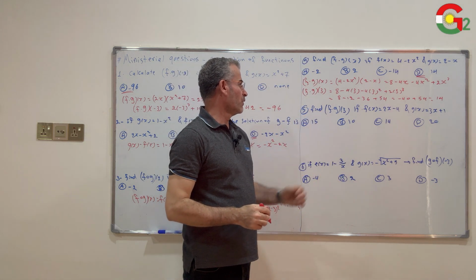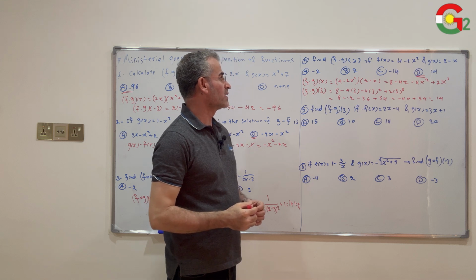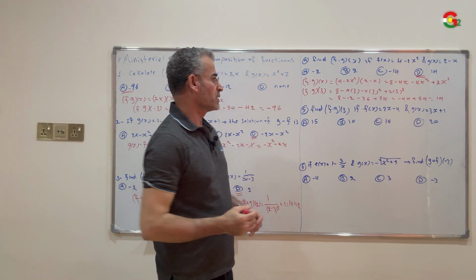Find f dot g of 3 if f of x is 2x minus 4 and g of x is 3x plus 1.